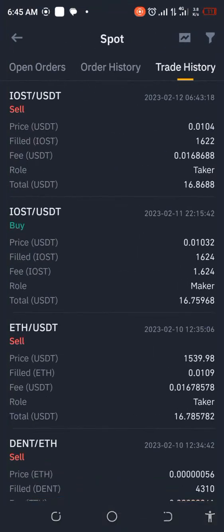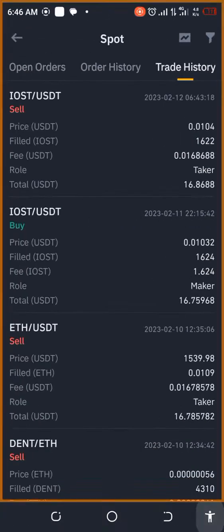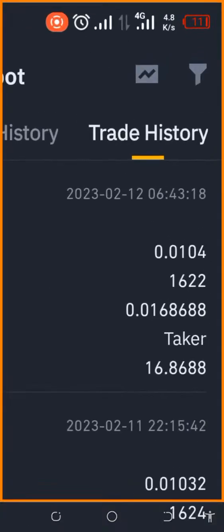We could have decided to wait for BTC to get back to 0.0104, but that would take a longer time. So how long ago was this? Let's just check the difference in time. This was 22:15, like 10:15 p.m., and this is 6:43.